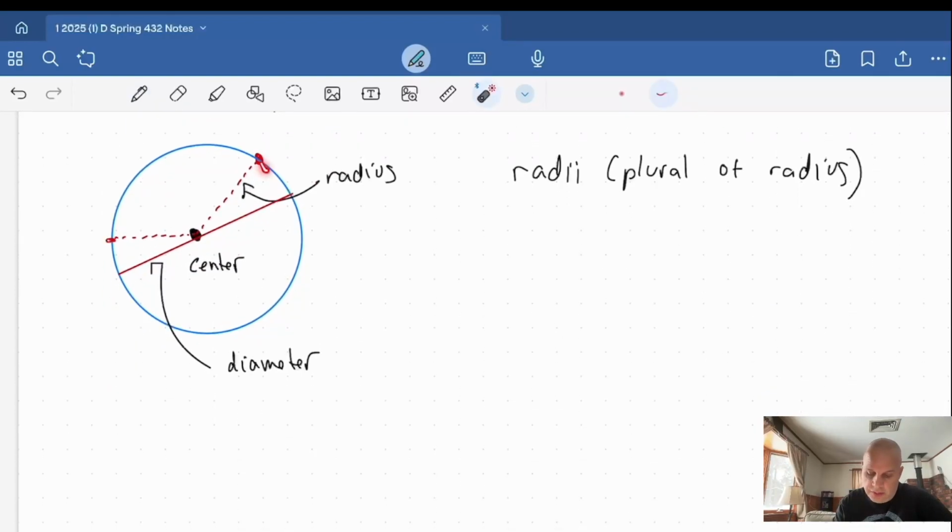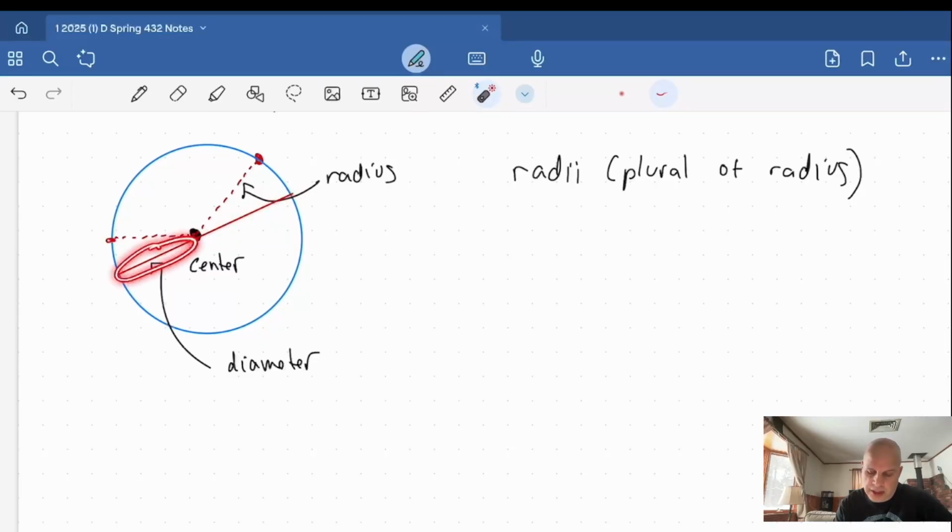So the circle itself is equidistant from the center. That distance is called the radius of the circle. And the diameter consists of these two radii from one end of the circle through the center to the other end.